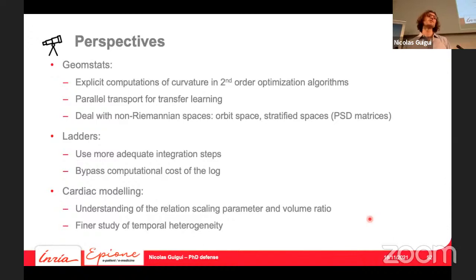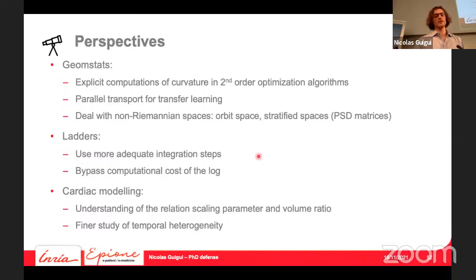Then, now that we can compute parallel transport on any manifold, as soon as we have the geodesic equation, we could use this parallel transport to do transfer learning on different manifolds. And this could also have a strong impact, as transfer learning is an important problem in the learning community.